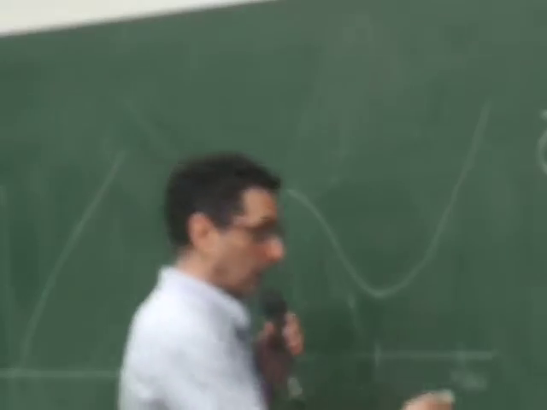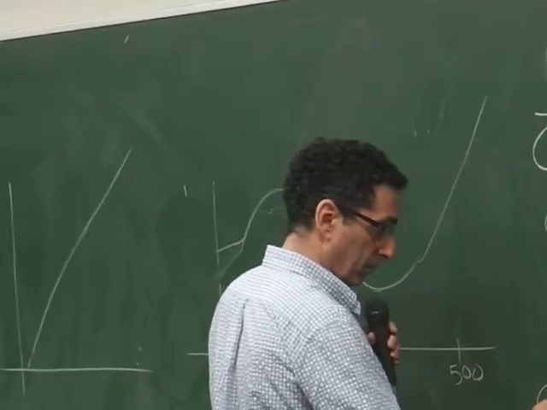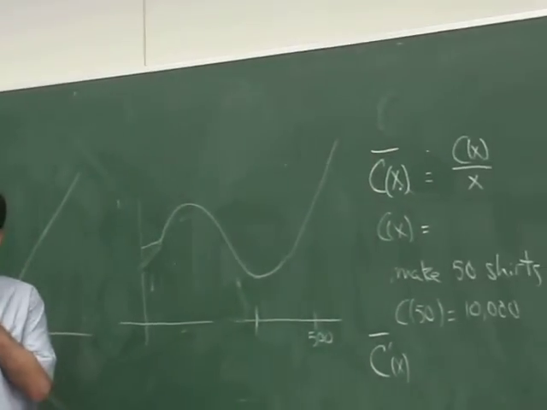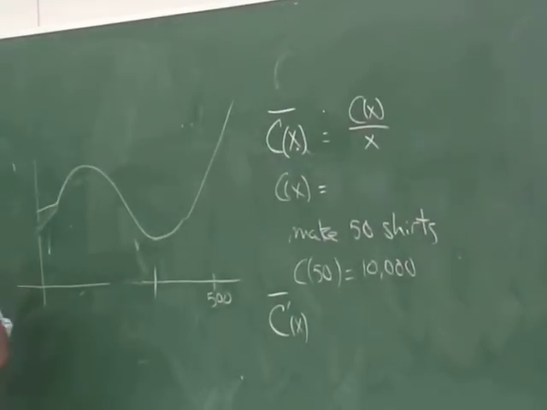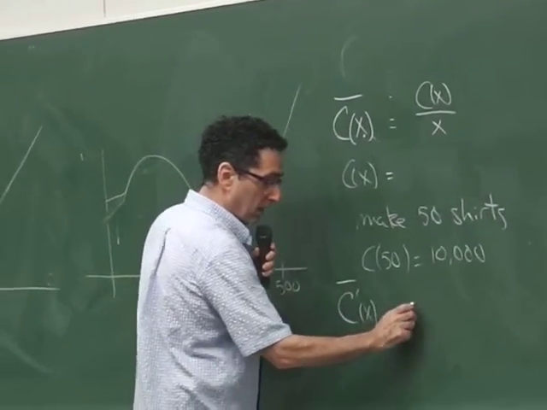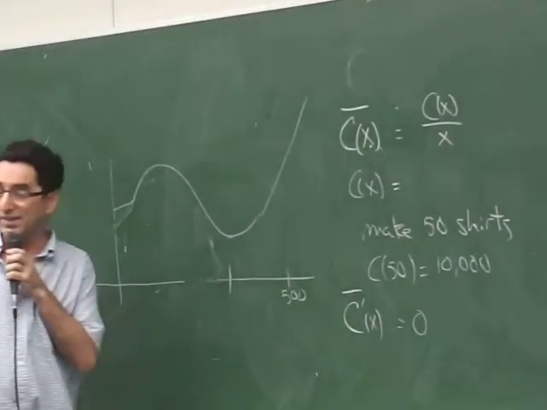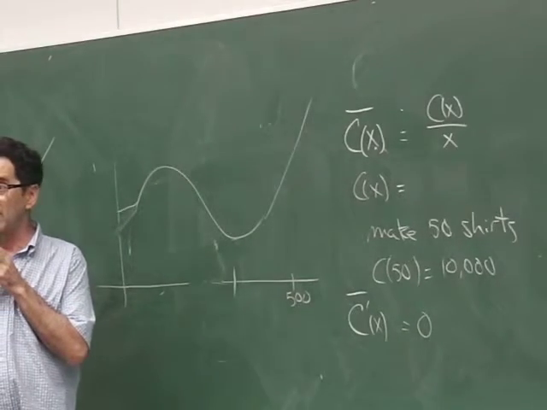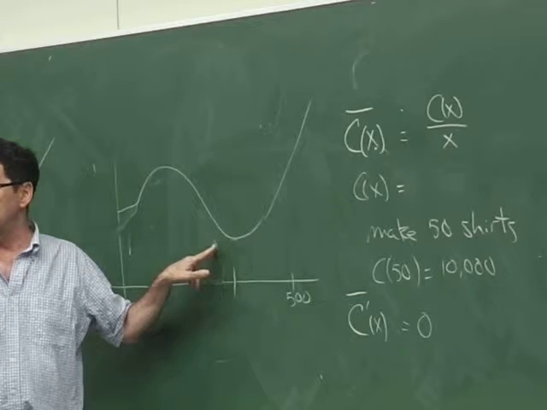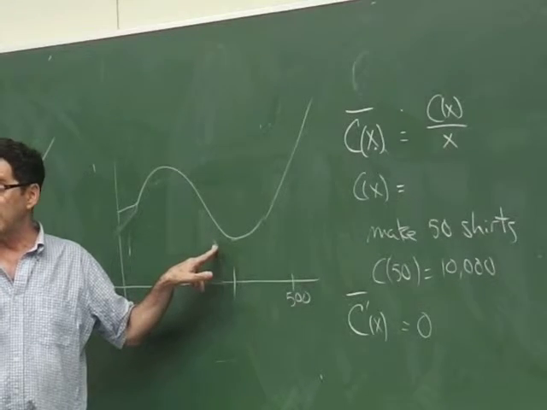So what does that mean? We take the derivative of the average function, of the average cost, and we want to find out where it's equal to 0. That just means we set it equal to 0 and solve for x. Okay? And that should help us a lot in finding the relative minimum. Okay?